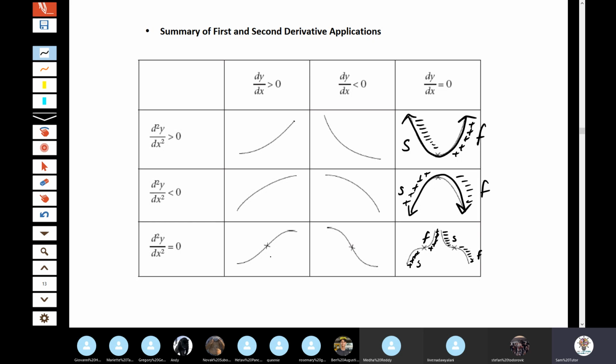I can't think of one for that one, but I can think of one for this one. This is increasing fast and then increasing slow. So that would be me on a bike. I roll down a hill. I'm increasing distance at a fast rate. Then I get to the bottom, now I'm going to climb up the hill. I'm going to be increasing still, but it's going to be bloody slow.